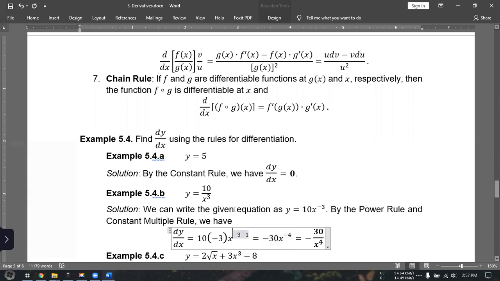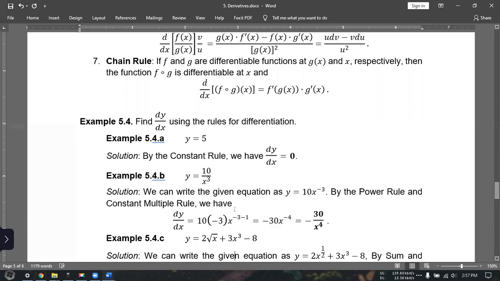And what else? Aside from the laws of exponent, we can also write radical expressions or radical terms into exponential terms, right? Radical term into exponential term.